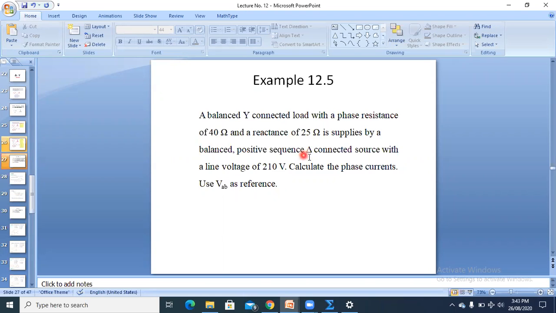It is connected to a delta source. The line voltage of the source is 210 volts. So it is a delta to Y system. Now we have to calculate the value of the phase current, and we use the line voltage VAB.